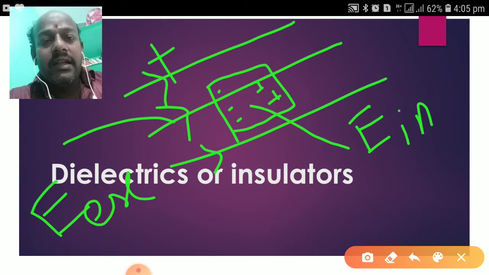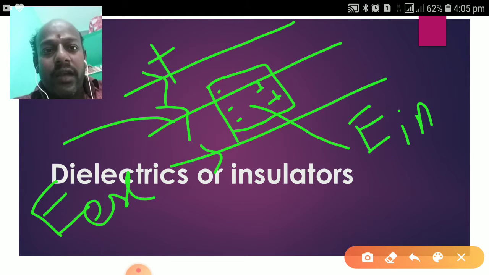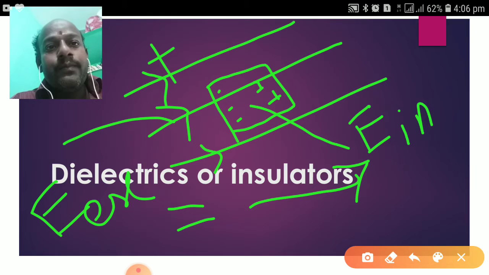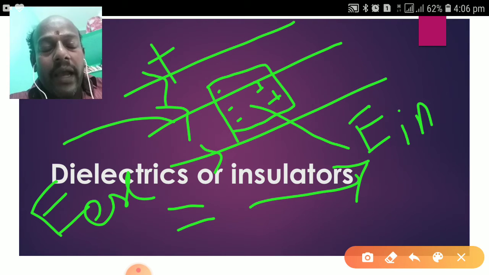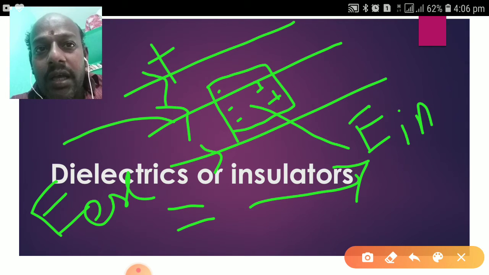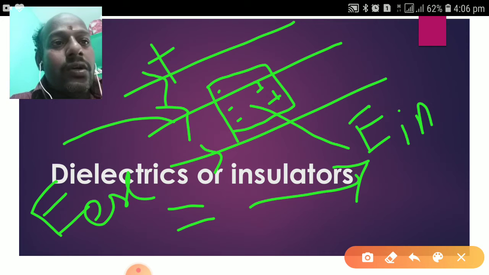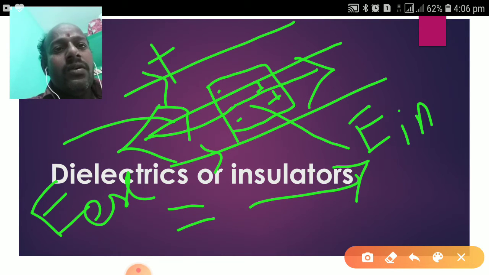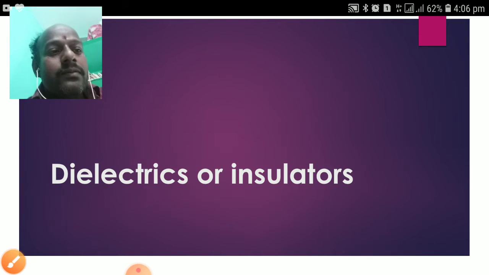Now, when I place a conductor in an electric field, this external electric field will become equal to the induced electric field inside the conductor. The induced electric field will be in the direction opposite to the external electric field. So if the induced electric field acts in this direction, the external electric field acts in this direction, and inside the conductor the electric field becomes 0.